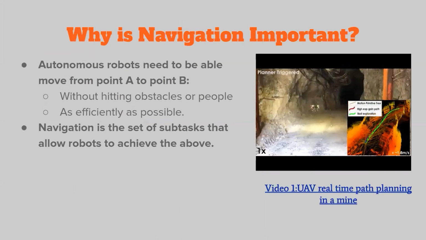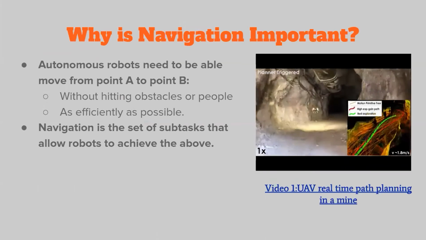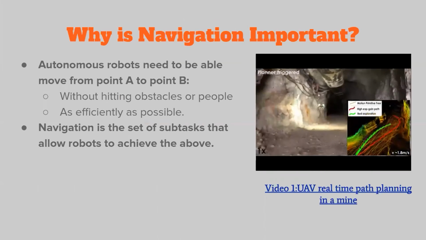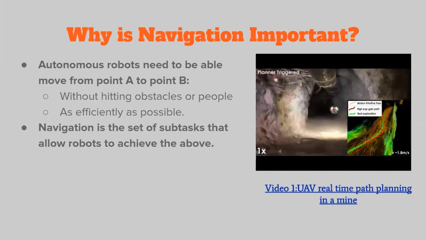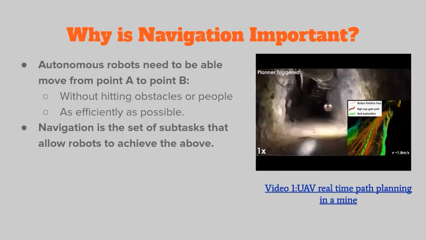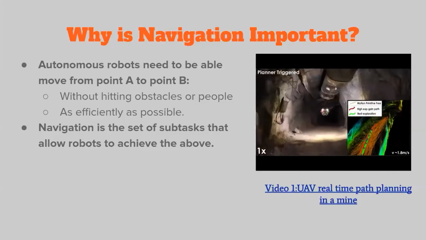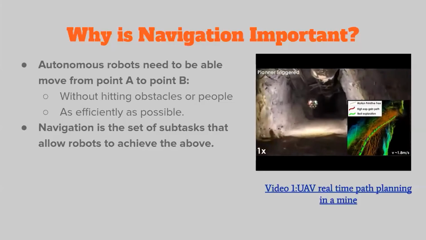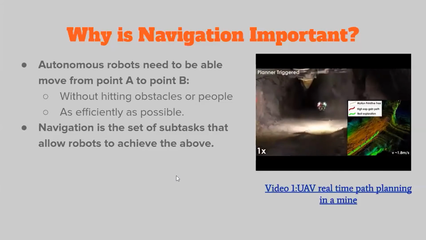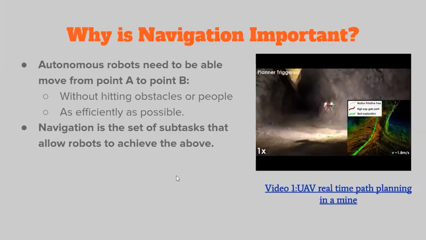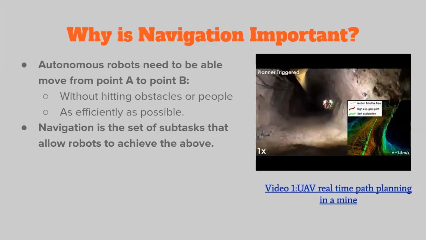Navigation basically means how can I move from point A to point B, or from my source where I'm currently located to a destination point, without hitting obstacles, and doing so in the most efficient possible manner. You would not want a generated path that is very long or very energy consuming.